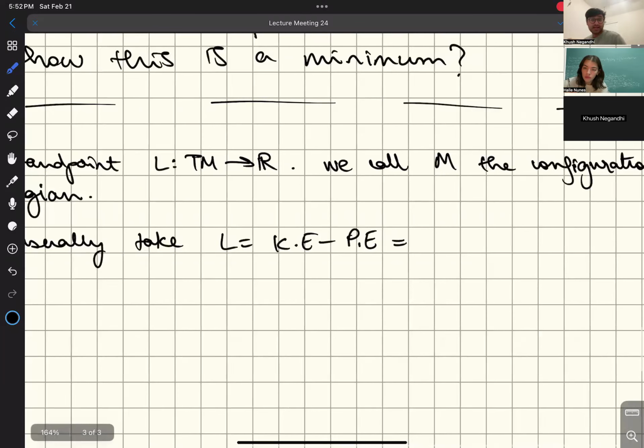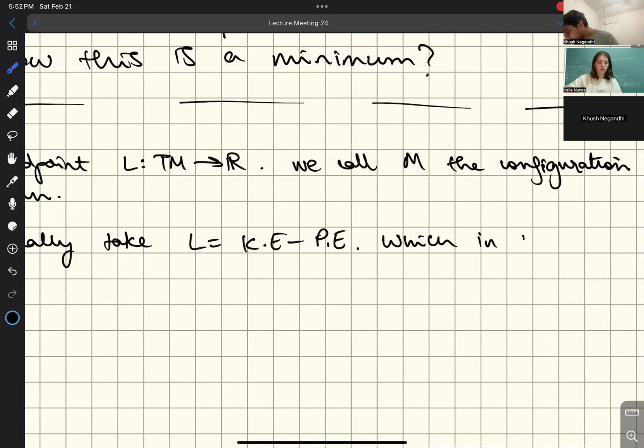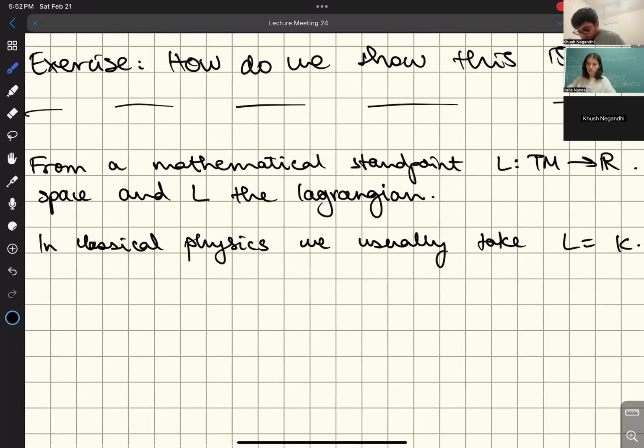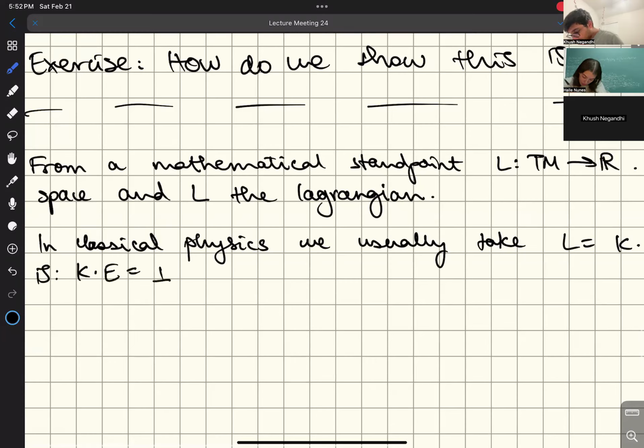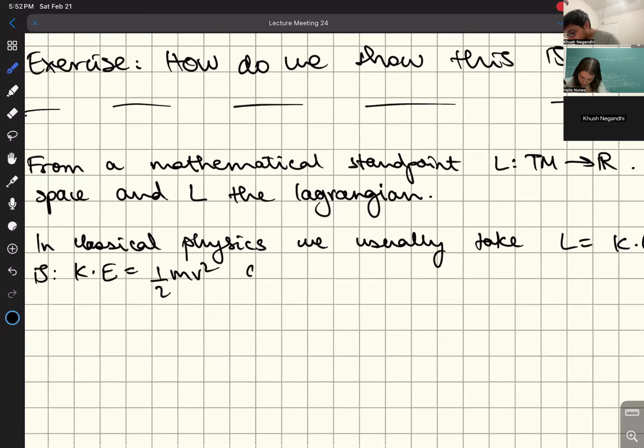In standard Rn, the kinetic energy is equal to 1/2 mv squared, and the potential energy could be a function of whatever. The potential energy is also just a function on the tangent bundle, right? It could be anything.